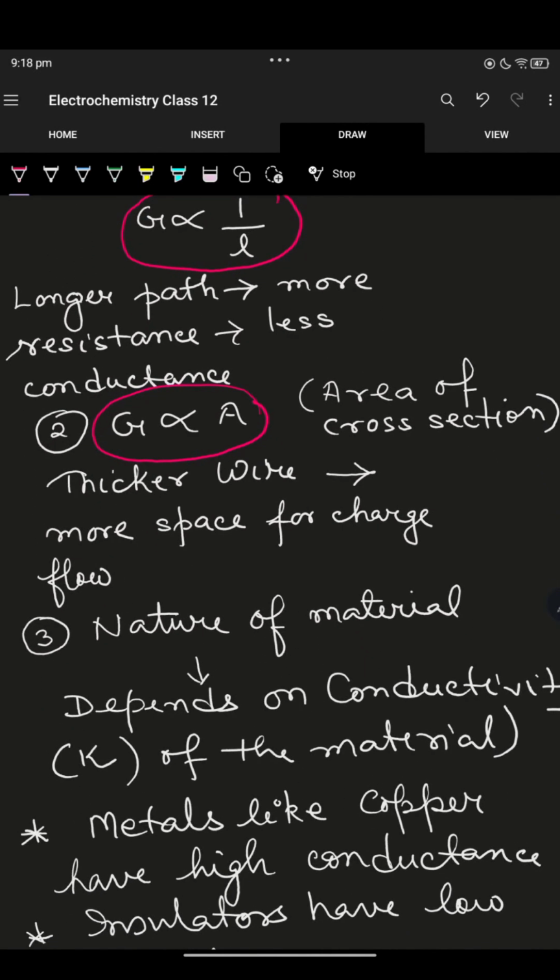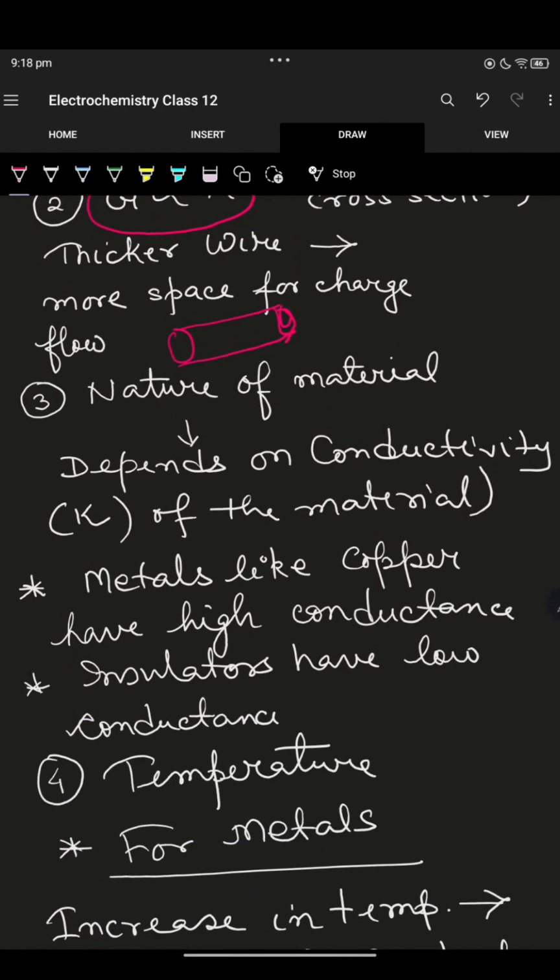Thicker the wire, more space for the charge flow. So a thick wire will actually have more value of G because it has more space for the charge flow. So conductance increases.